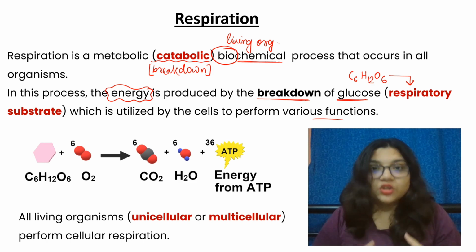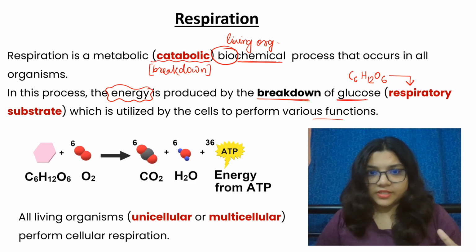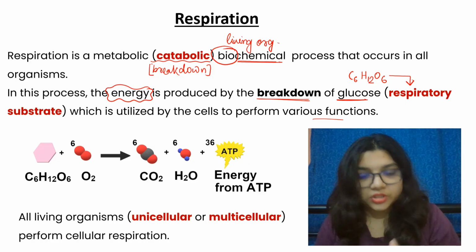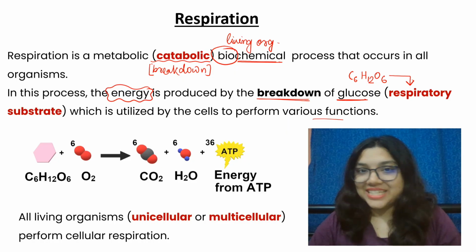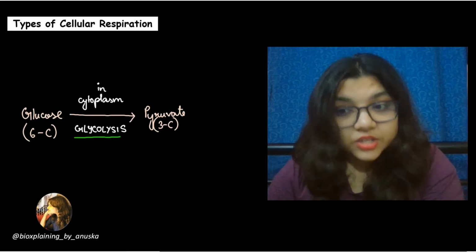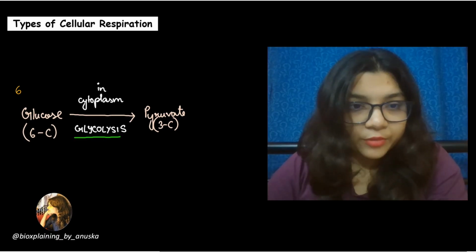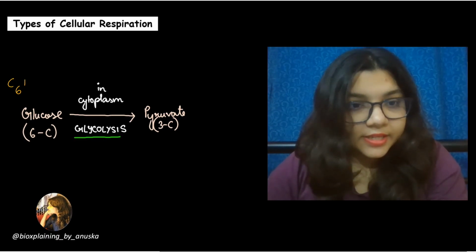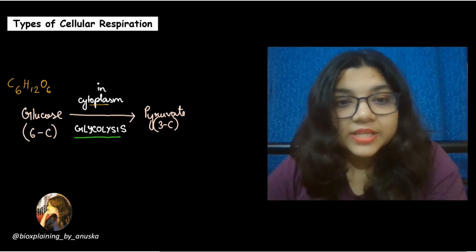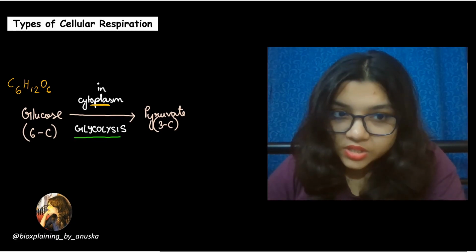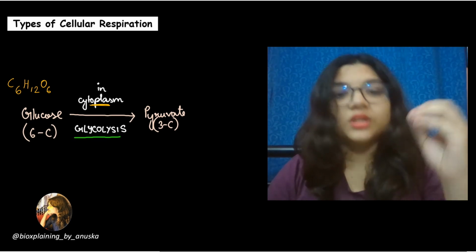So this cellular respiration process occurs in all organisms, unicellular and multicellular. The different types of respiration occur in different organisms. So let's have a look at the different types. First, the glucose, with the chemical formula C6H12O6, in the cytoplasm of the cell is broken down into pyruvate by a process called glycolysis.